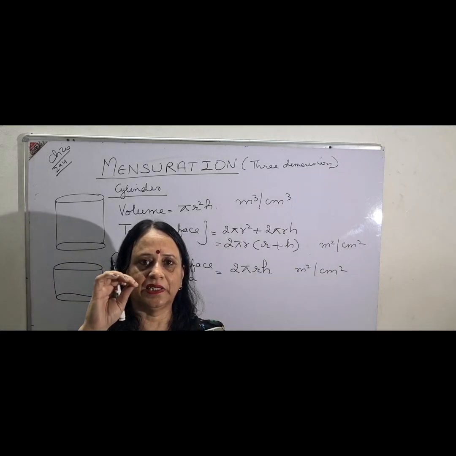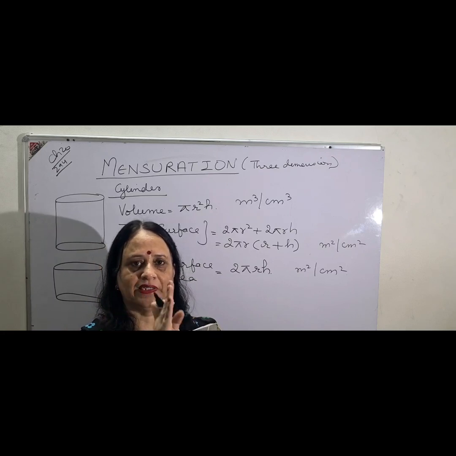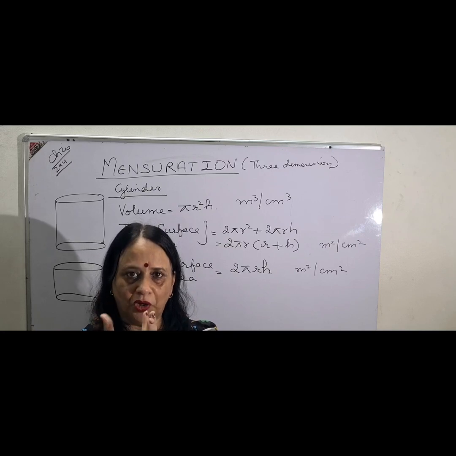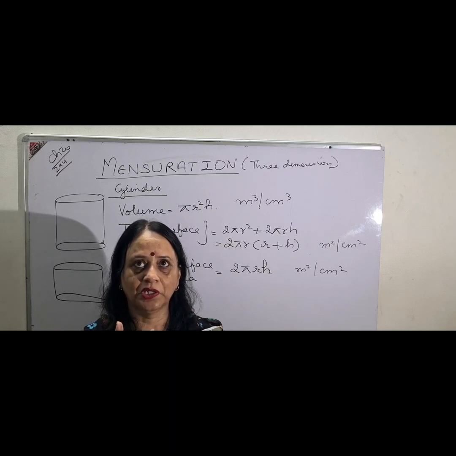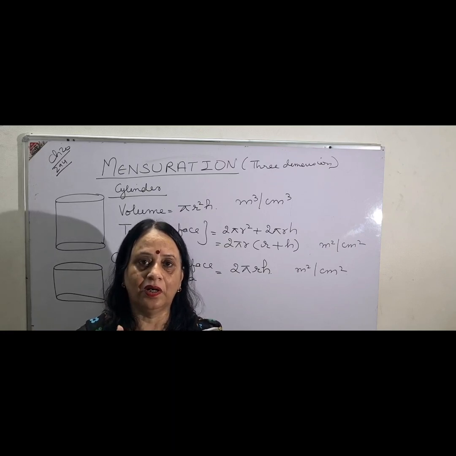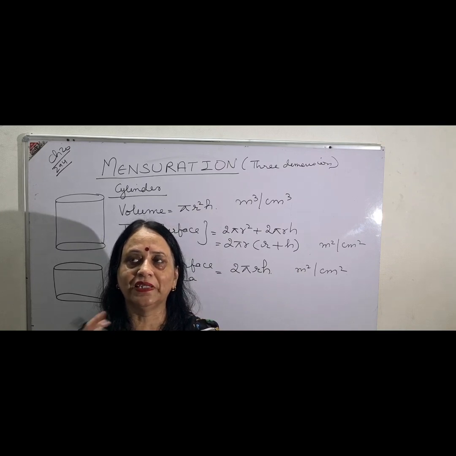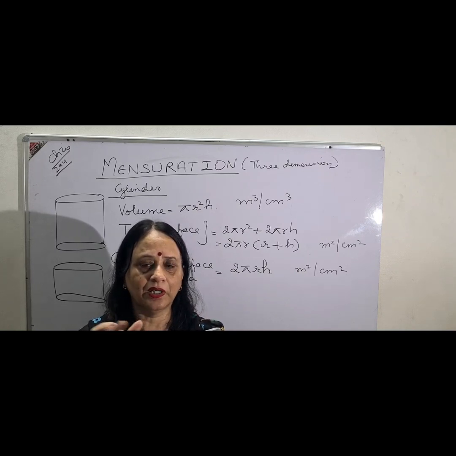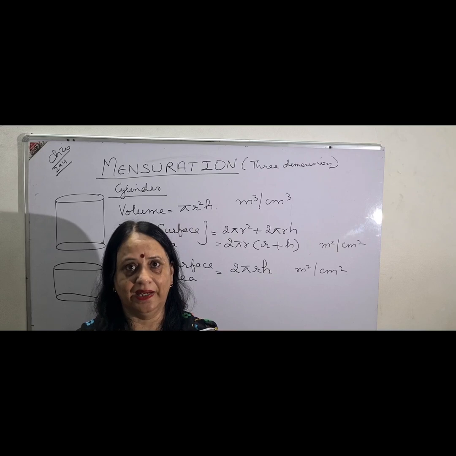It has a circle at the upper end and at the lower end, and in between it has a curved surface. Or a rounded box, or you can say a wheel, or you can take the example of anything which is round but not on a plane surface. It should have height also. See, length, breadth and height.